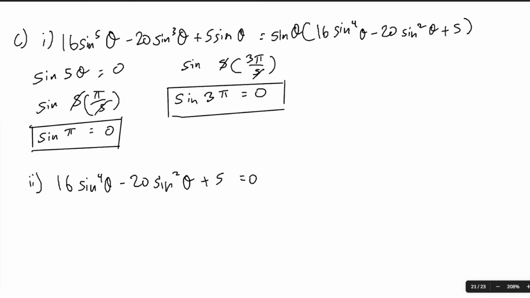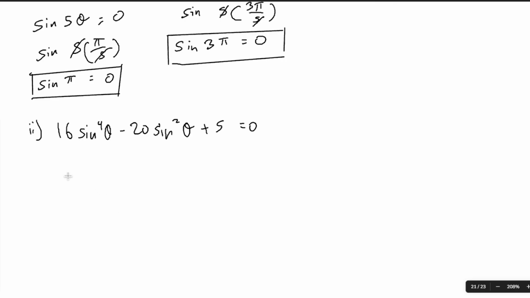Now we can consider sine squared to be x. So let's turn this into 16x squared minus 20x plus 5 is equal to 0.